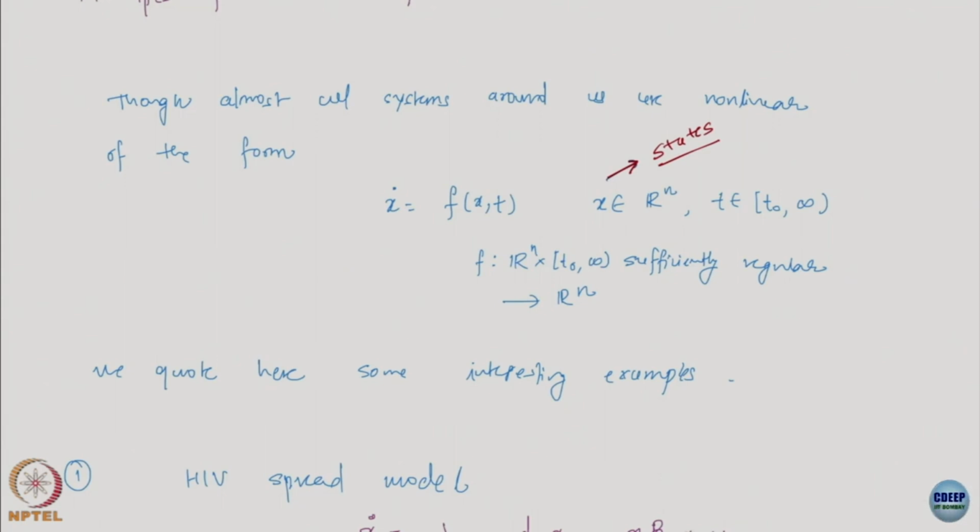Depending on how high fidelity a model you want, that is the number of states you can have. Even in civil engineering, if you think of structural systems, a little bit flexible structures like suspension bridges, you can have the flexible modes as your states: first mode, second mode, third mode.